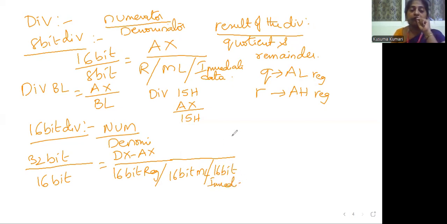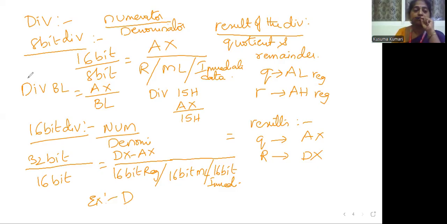The results are quotient and remainder. The quotient is transferred to AX and the remainder is transferred to DX.